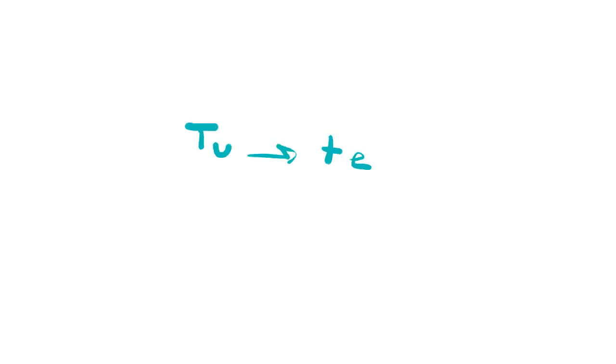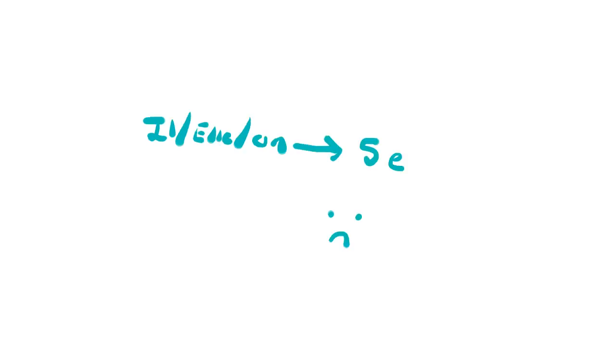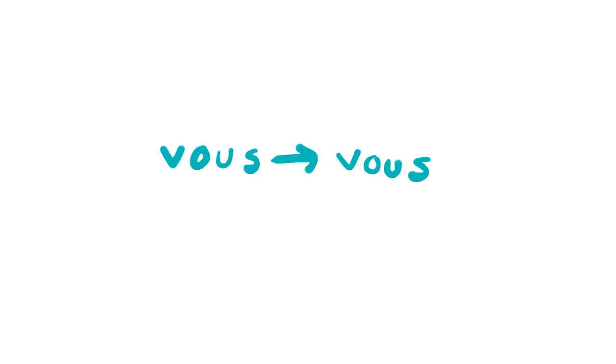Il, elle, on, that's not really going to change, unfortunately. Nous is actually a lot like vous. With nous, it's just going to be the same as nous. Vous, ils, elles, se. It doesn't really change. But it's good to keep this little list in mind because you're going to need it.